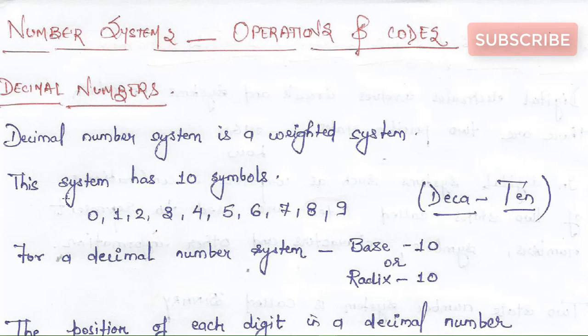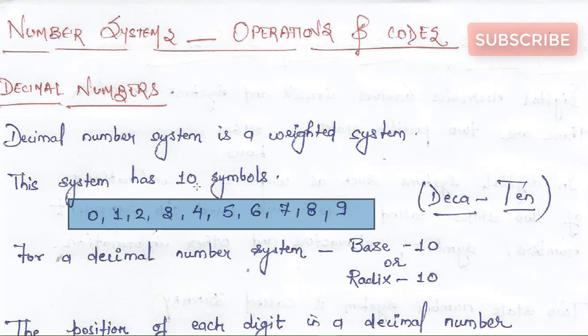So friends, here is the decimal number system. It has 10 symbols, and the numbers start with 0 and end with 9. The decimal number system is a weighted system.